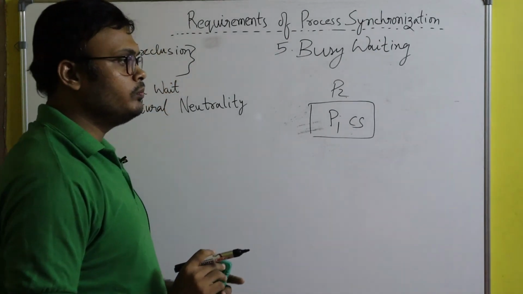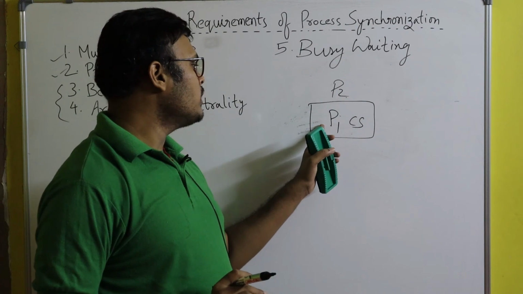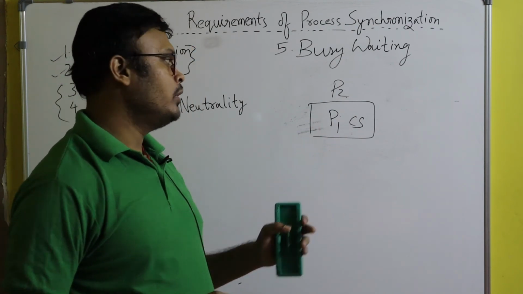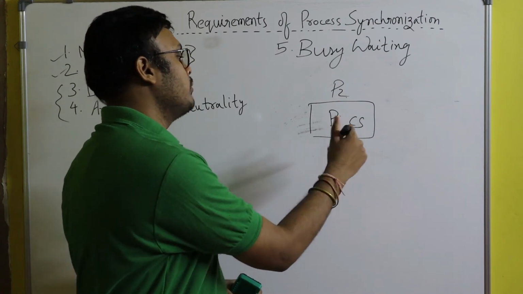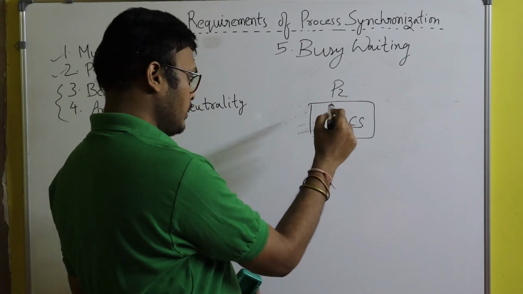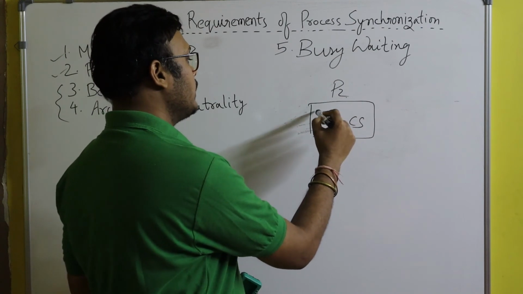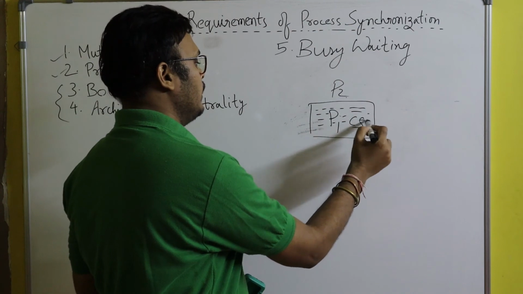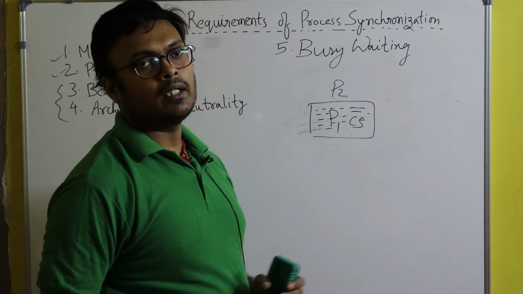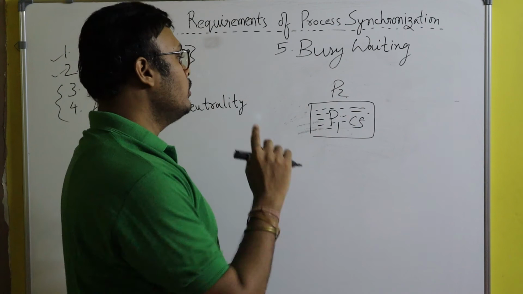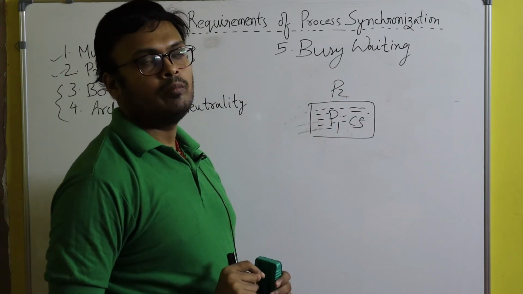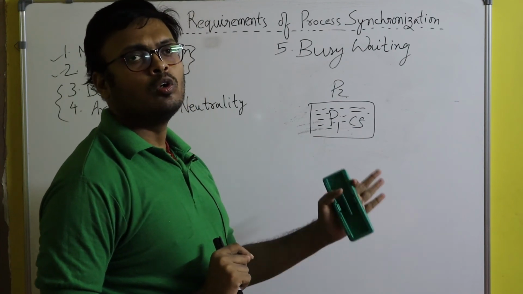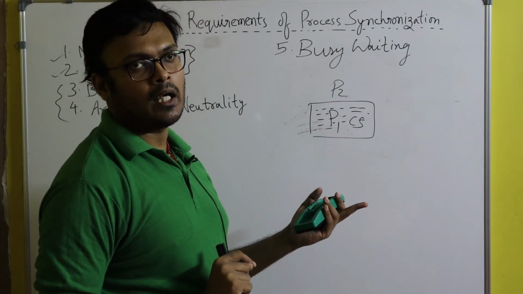Process P1 may take some amount of time to come out, because before it comes out, it has to perform some task inside the critical section. So P2 will wait for that time. Rather than waiting outside the critical section, it should go and do some other useful task.